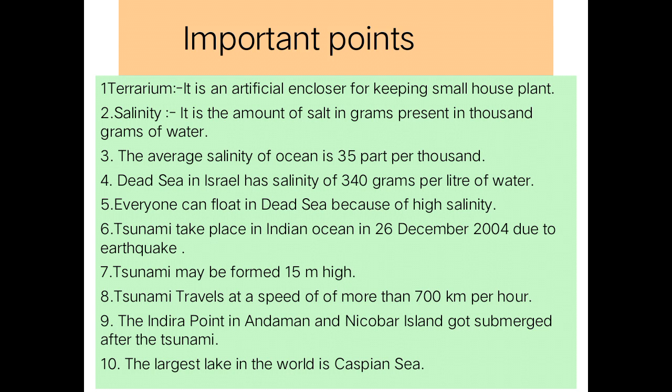In this way, we can understand that there is water scarcity in the world and we should conserve our water. Conserving water doesn't mean that we should not use it.